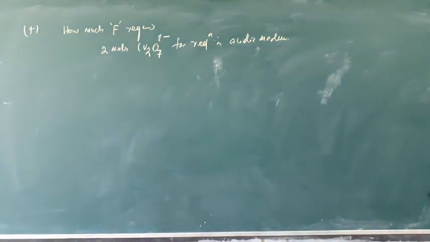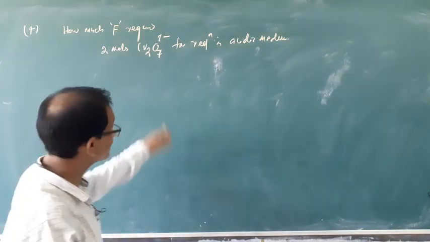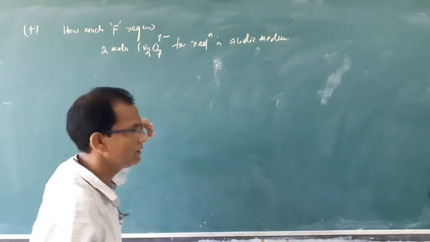For reduction of 2 moles of dichromate ion in acidic medium, how much Faraday is required?